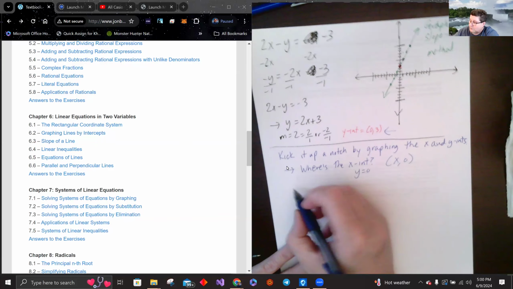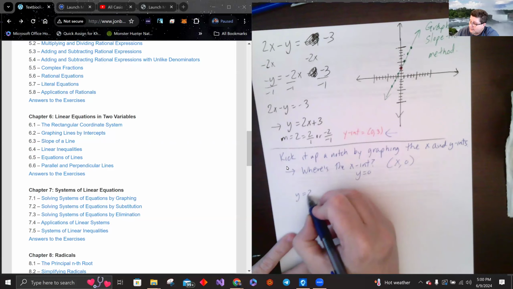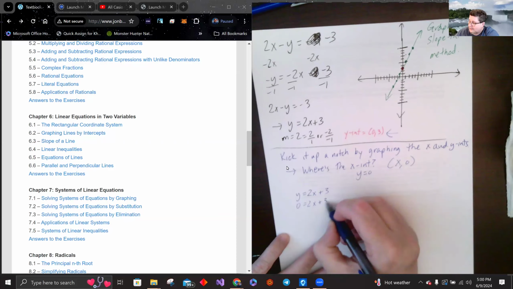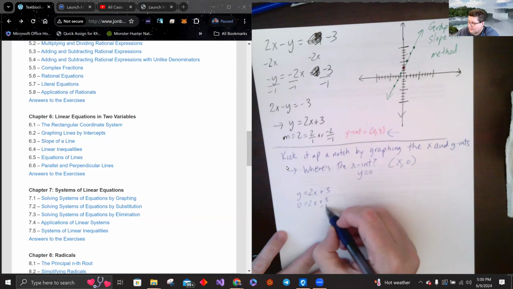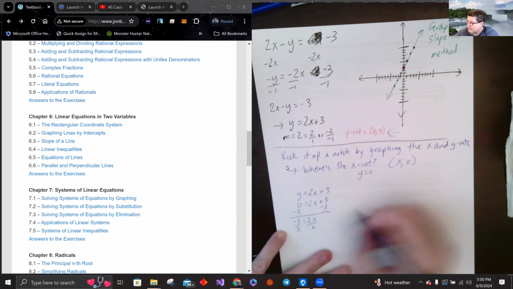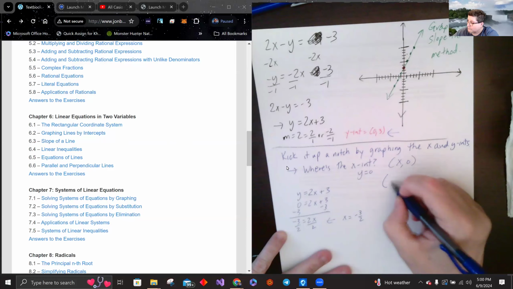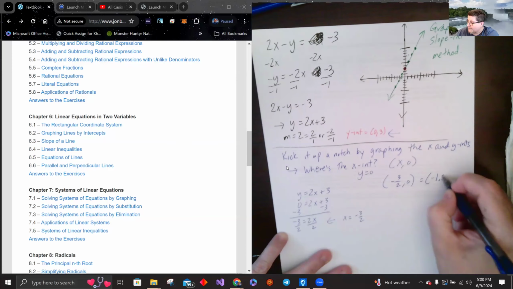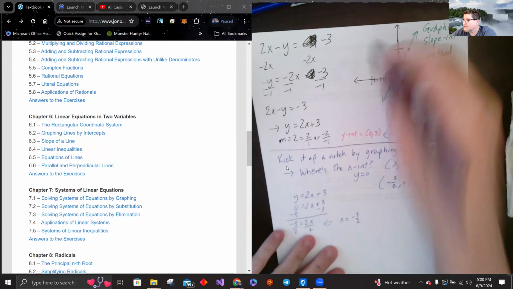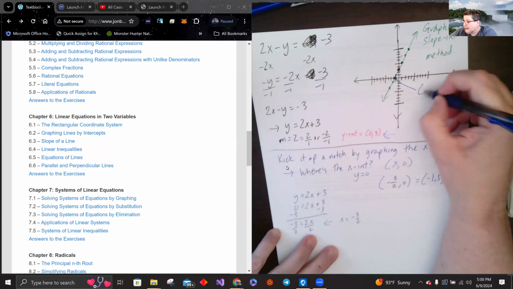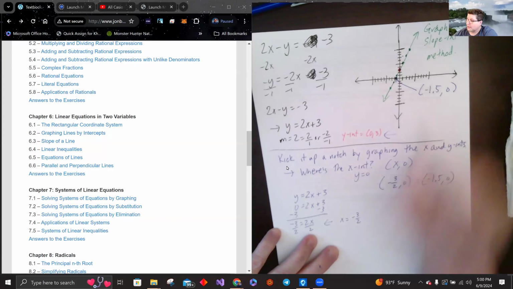If I had y equals 2x plus 3, 0 equals 2x plus 3, subtract 3, divide by 2, and I get x equals negative 3 over 2, which is the same thing as negative 1.50. We can see that right there. Negative 1.50 is right there.